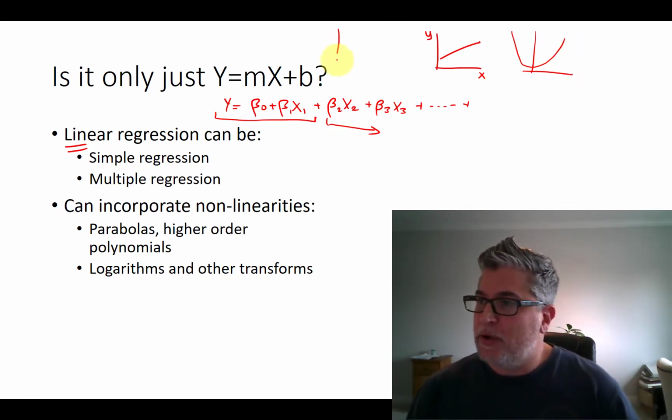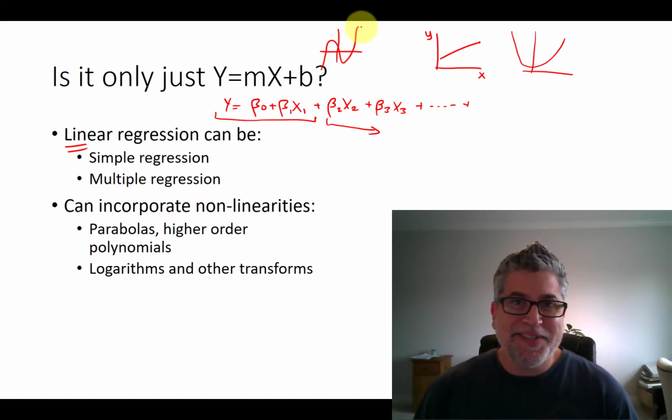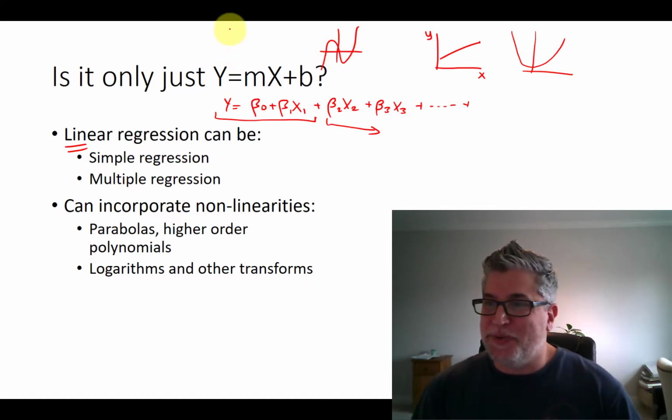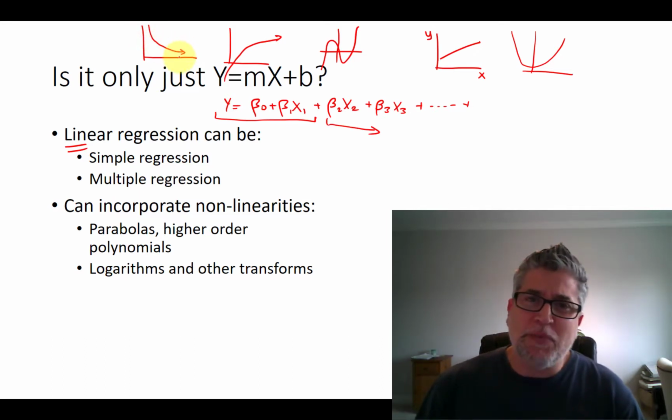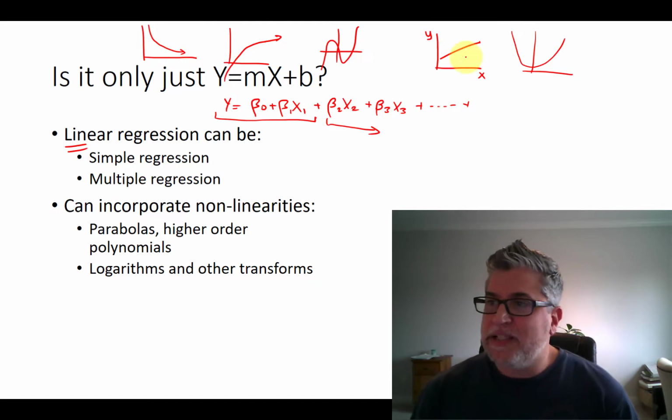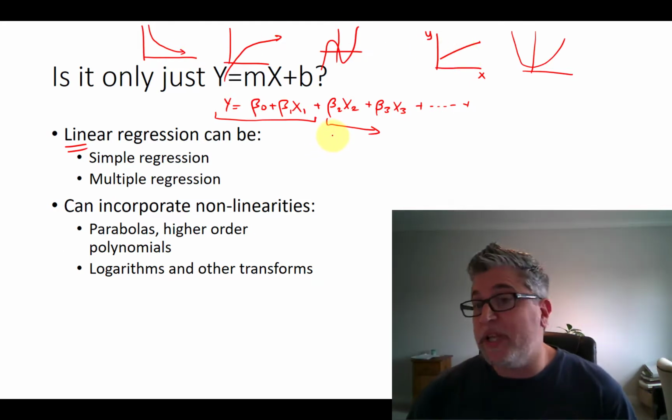We could do third-degree polynomials. We could do logarithmic functions. We could do logarithms in the other direction. We could do exponential decay. There's almost no limit to the kinds of shapes that you can fit using the tool of linear regression.